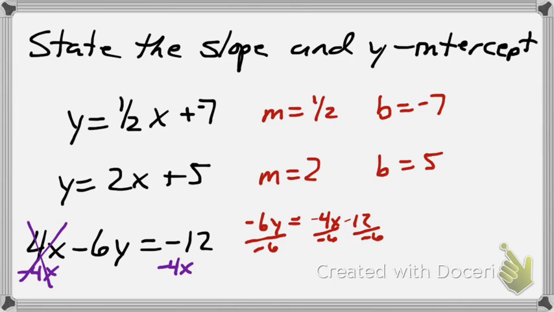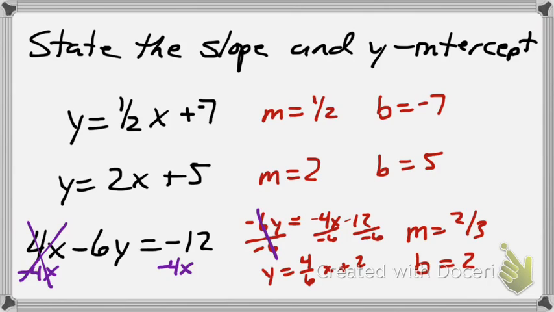And all three terms need to be divided by a -6. 4/6, which reduces to 2/3, and then -12 over -6 is +2. So looking at that, I can see that my slope would be 2/3, and my y-intercept +2. So just adding a little algebraic maneuvering to our concept, we're able to get slope-intercept form rather easily.